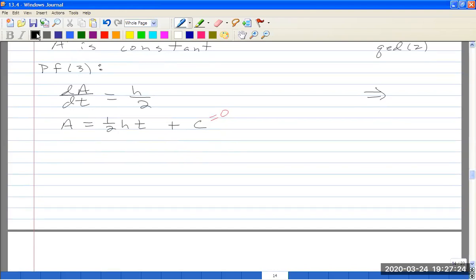And so if I consider one whole orbit, call the time it takes to go around one orbit T, so that's the period, then this is equal to, well, pi ab, the area of an ellipse.